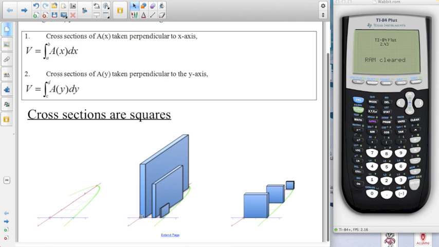Each one of these squares, since it is a three-dimensional shape, has an incremental width dx. So that incremental region ends up being a prism.